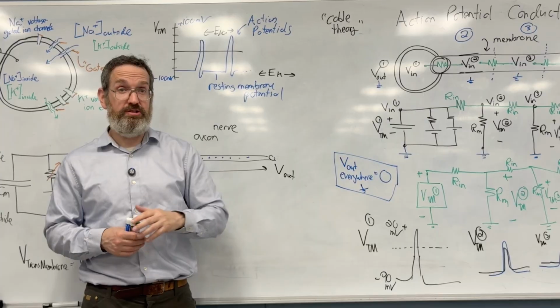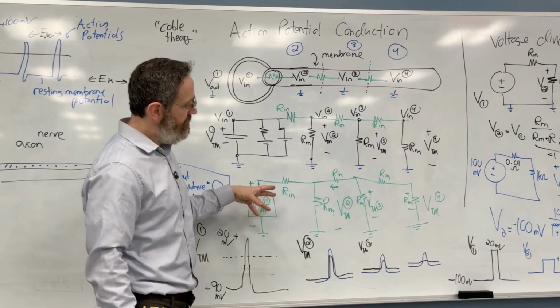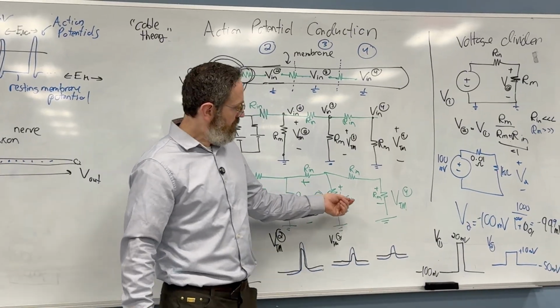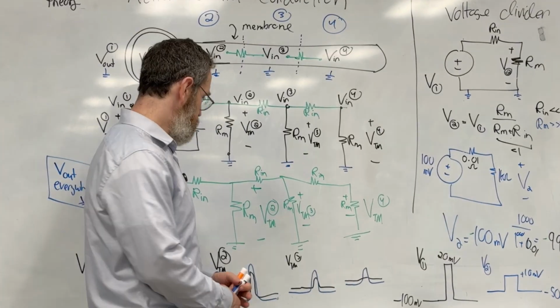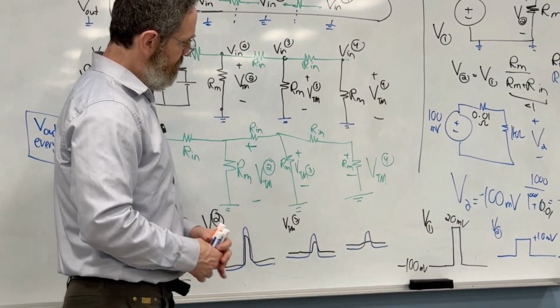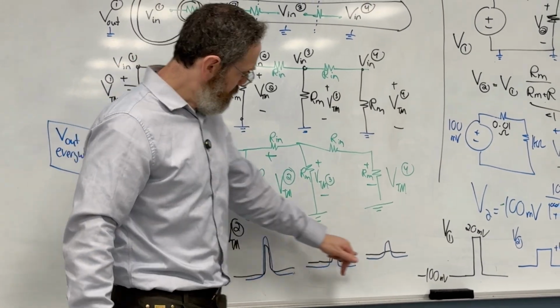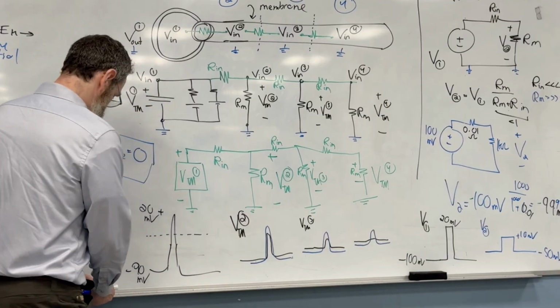But someone made another suggestion. They said, well, what if along the way we boosted it? What does that mean? Let's go back to this blue situation here. So I got to the blue. It's compartment number 3. It's kind of small. Let's put values on it.